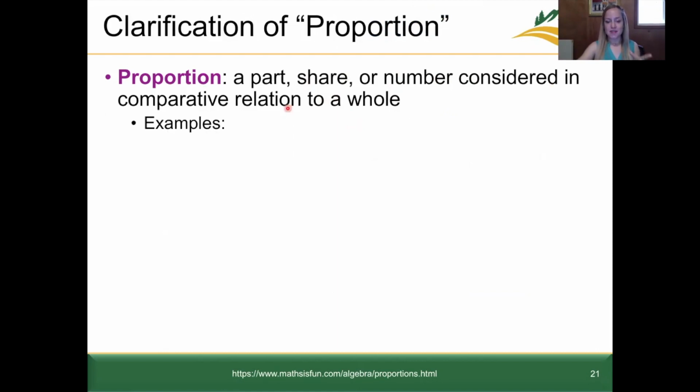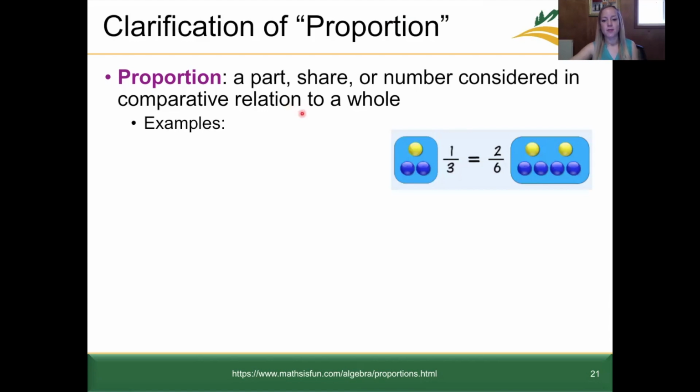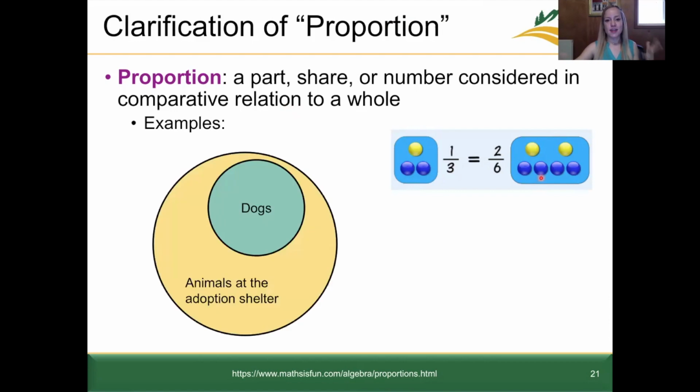Some examples of a proportion would be that we have 1 yellow marble amongst 3 marbles, or over here, we have 2 yellow marbles amongst 6 marbles total. Another example of a proportion in relation to a whole is that some portion of the animals at an adoption shelter are dogs.